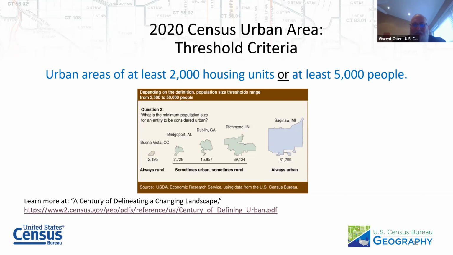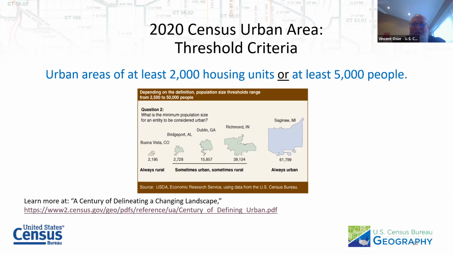In this case, like group quarters, like prisons, like nursing homes, like various facilities where they're not counted as housing units in the census, we wanted to make sure those got captured in our definition, especially when adjacent to the already qualifying urban territory.